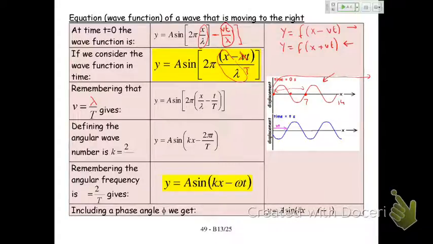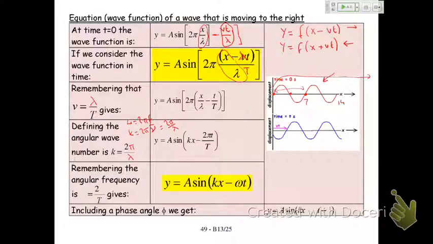And if I remember that k equals, what was it, 2 pi over, let's have a look, I've got to do some thinking here. Omega equals 2 pi f, k equals 2 pi over lambda.